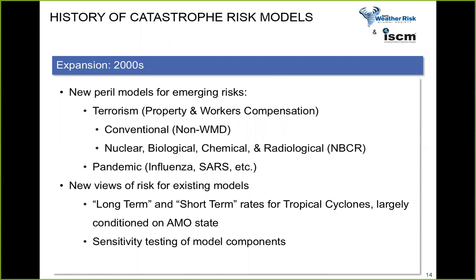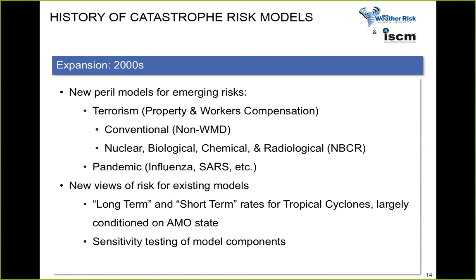So of course, the biggest event for catastrophes, not necessarily man-made or not necessarily natural, was the 9/11 attacks in 2001. And you can model the physical properties of a terrorist attack as well, and modelers started to provide models to address this risk, both for conventional style attacks and also for weapons of mass destruction, such as nuclear, biological, chemical, and radiological weapons.